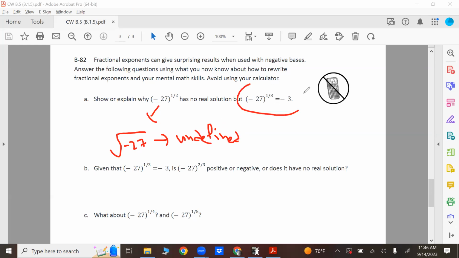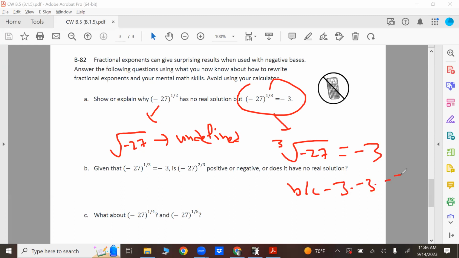However, this one is like saying the cube root. What three identical numbers multiply to negative 27? Negative 3. Yep, negative 3, because negative 3 times negative 3 times negative 3 equals negative 27, right? So you have to be mindful about the denominator.